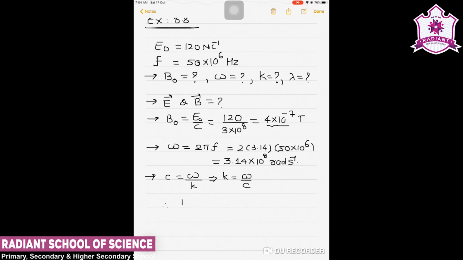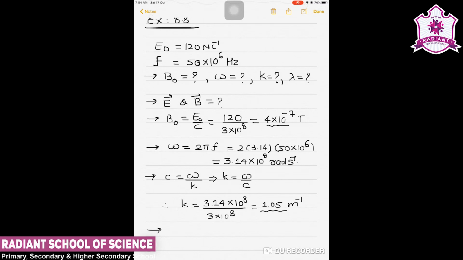So now k equals 3.14 into 10 raised to 8, and c, that is 3 into 10 raised to 8. So k can be obtained, that is 1.05 meter inverse. So here we can get k also.